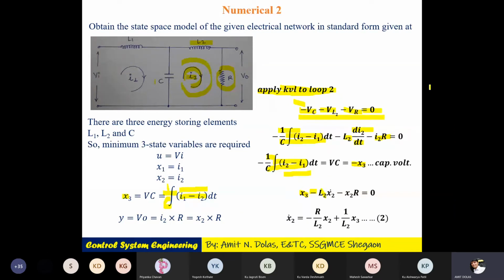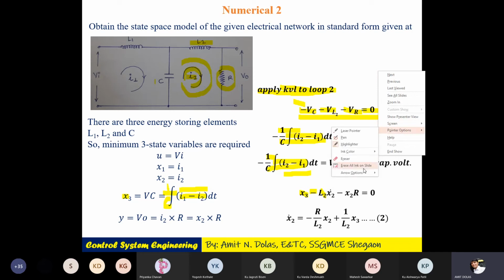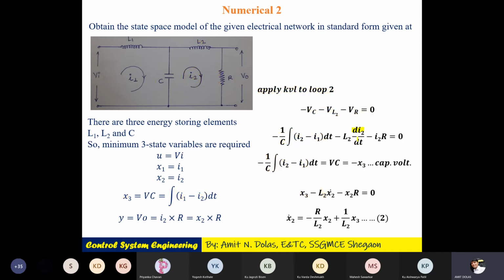What is x dot 2? x dot 2 is nothing but dI2 by dt, which is nothing but dx2 by dt. So L2 x dot 2, and I2 is nothing but x2, so it is x2 into R. Take it in terms of x2 dot.